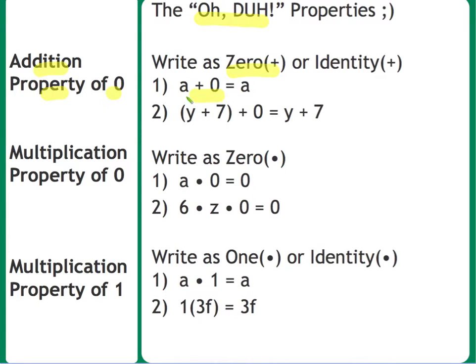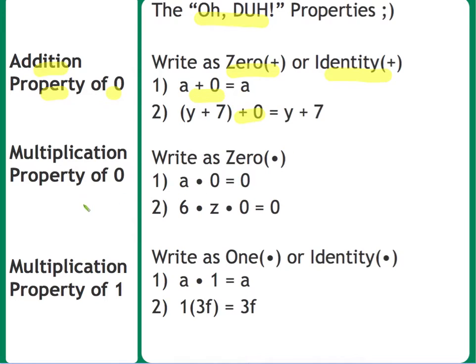So if we start with a, add 0 to it, we still have a. If we have y plus 7, add 0 to it, we still have y plus 7. Since we end up with what we started with, we also call it the identity property of addition.